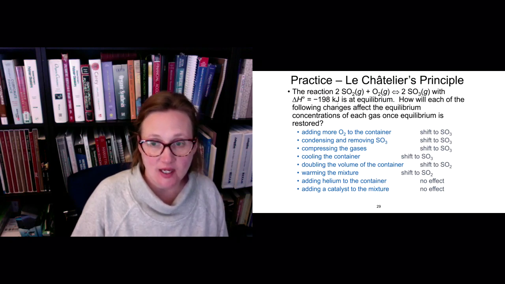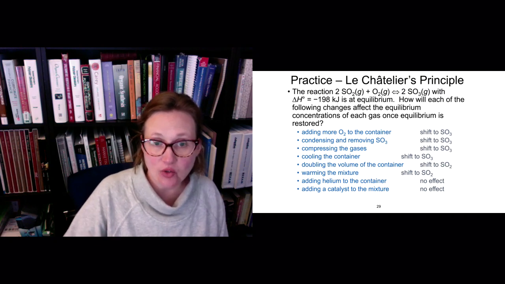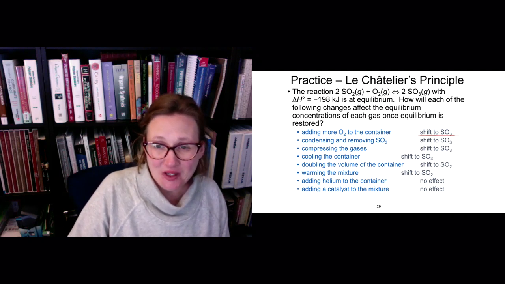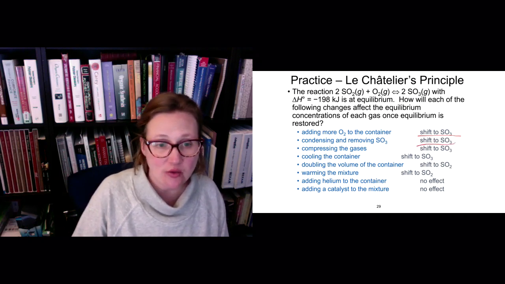Condensing and removing SO3, we are removing SO3, so we're removing a product, so we're shifting towards the right. So for O2, we're shifting towards the right. By removing a product, we're shifting towards the right.